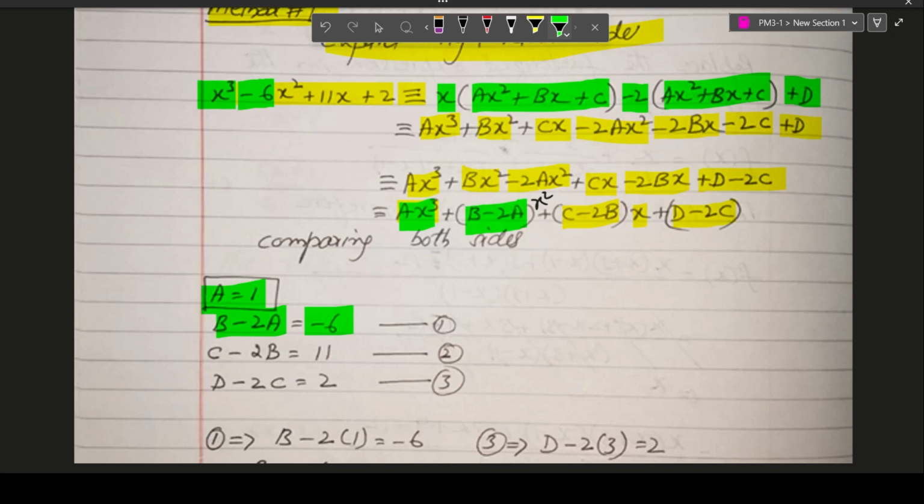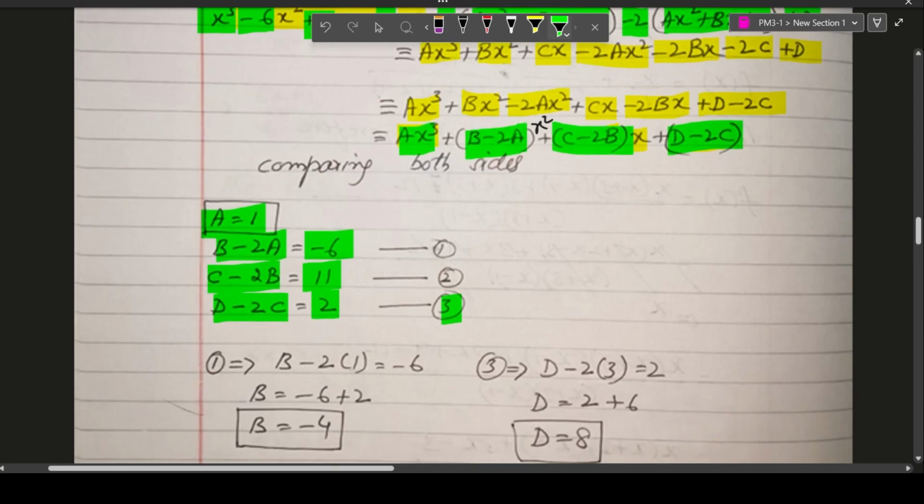On the left hand side the coefficient of x is plus 11, on the right hand side it is c minus 2b, so c minus 2b is equal to 11. Call it number 2. The constant 2 you can compare with d minus 2c, so d minus 2c is equal to 2. Call it equation number 3.